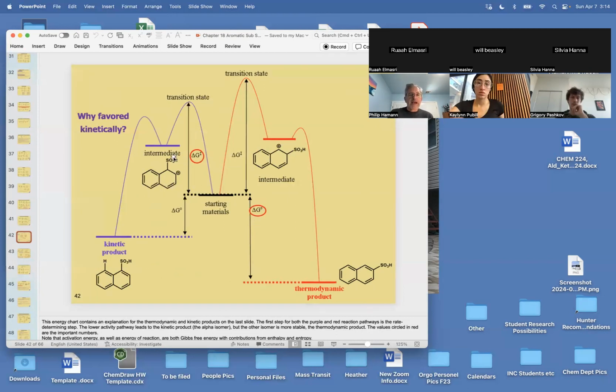So if you attack alpha, this is upside down, but that shouldn't bother you at this point, you get this allylic cation that also has resonance into the left-hand aromatic ring. Beta attack gives you an isolated cation that is isolated from this double bond. It can resonate with this double bond, but only at the cost of the aromatic ring.